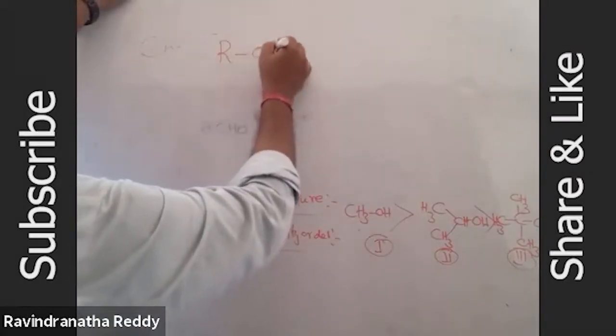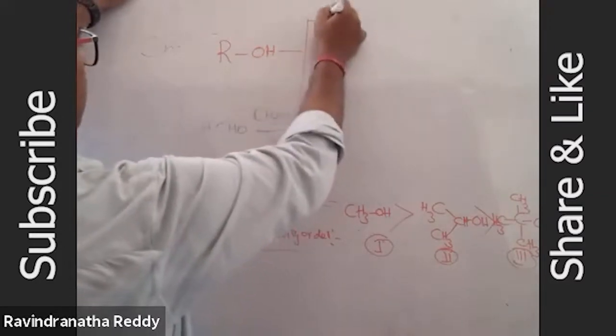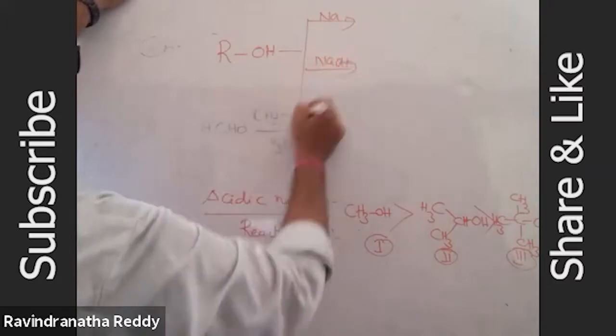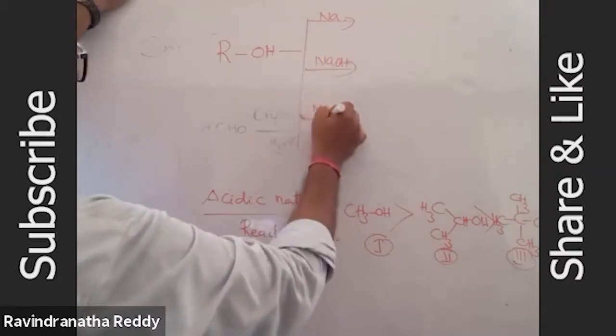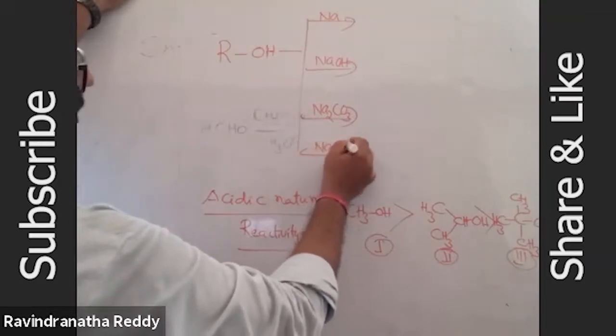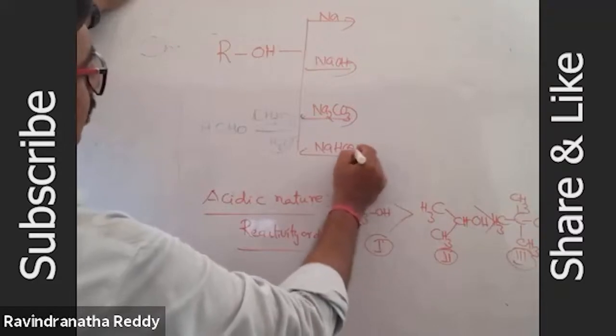Take an aliphatic alcohol, not aromatic. With sodium metal, is the reaction possible or not? Sodium hydroxide, possible or not? Sodium carbonate, possible or not? Sodium bicarbonate, possible or not? Some reactions are possible, some are not. What is the reason?